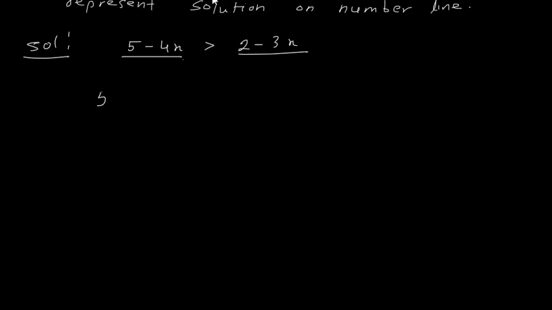So 5 minus 4x plus 3x will be greater than 2. So this 5 I will move on right side, that means I will subtract. Here minus 4x plus 3x is minus x is greater than, now here it is 2 minus 5. So minus x is greater than minus 3.